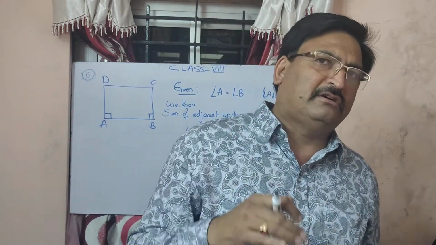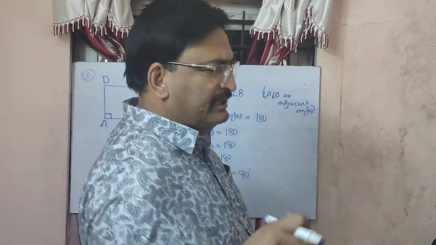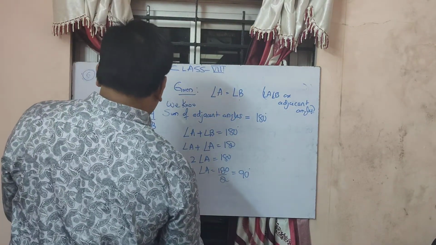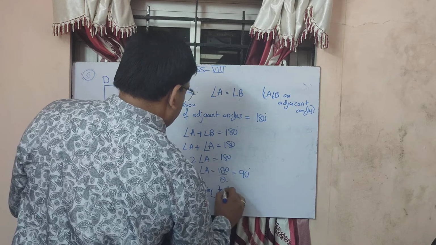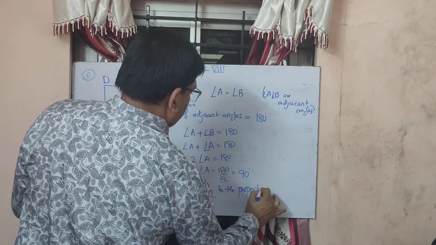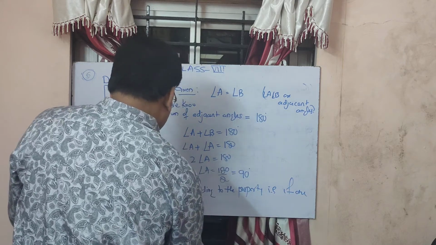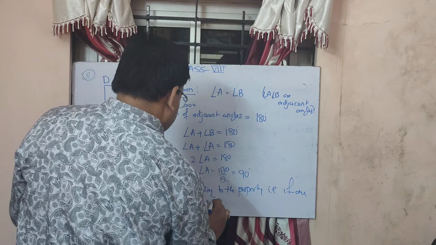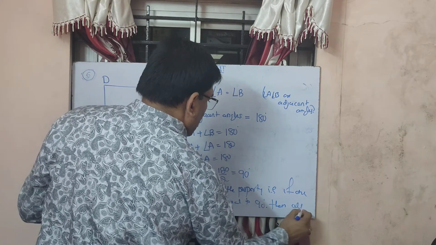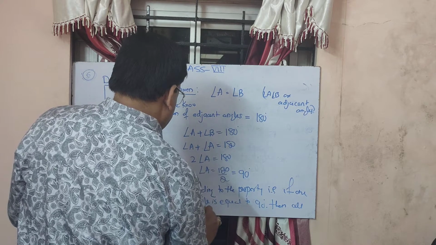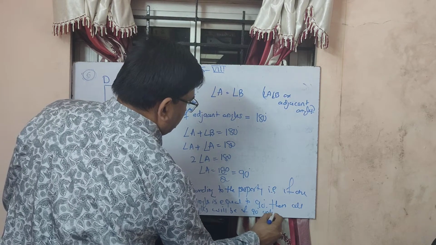You must remember the properties of a parallelogram. According to the property, if one of the angles is equal to 90 degrees, then all the angles will be 90 degrees only.